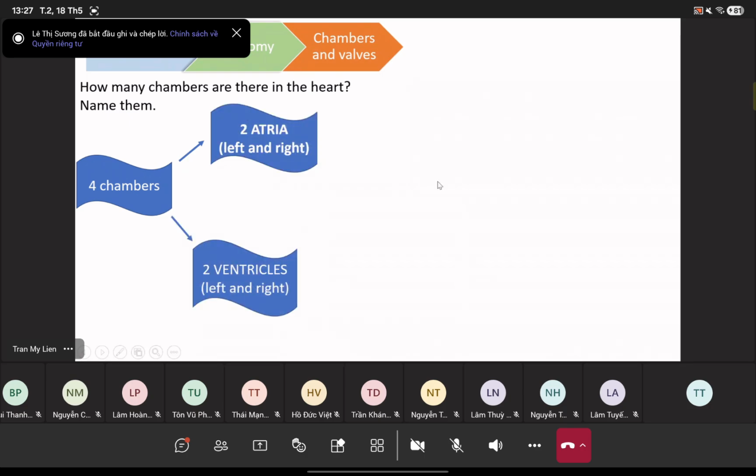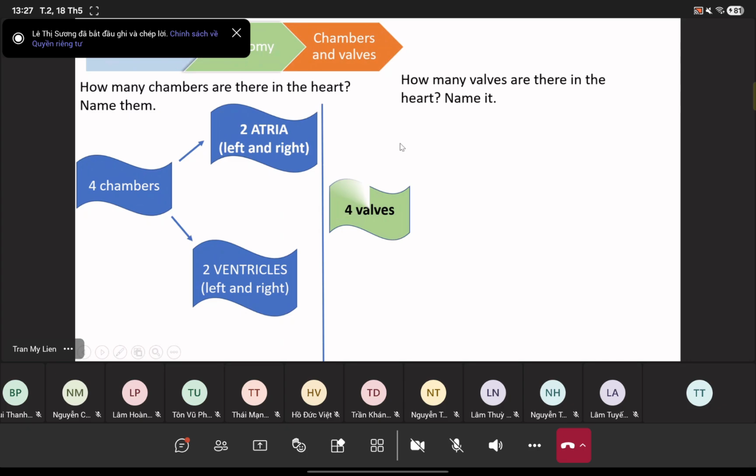The heart has 4 chambers, 2 atria and 2 ventricles. It also has valves preventing the backflow of the blood, making sure that the blood moves in one direction.